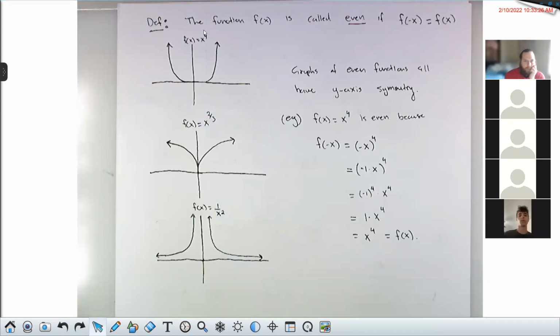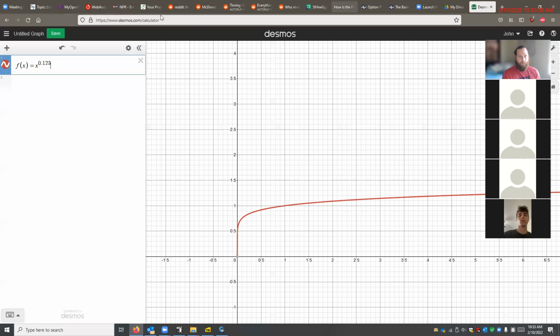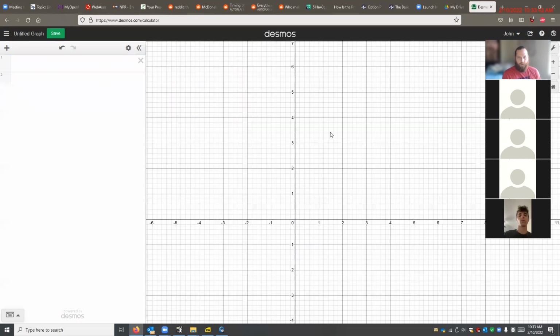Think about these powers. 4, 2, 2, they're all even powers. If you have a power function where the powers are all even, then you automatically have an even function, and that's kind of a cheat code.